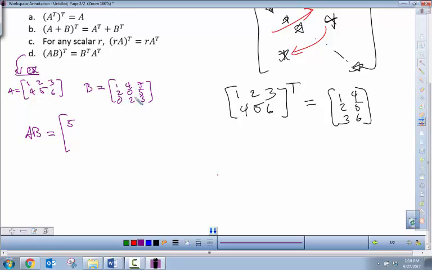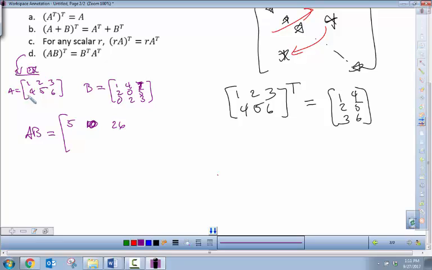So that's 4 and 6. That's 10. And this is a 7. This is a 10. 7, 10, 9. 26. All right? So that's the first row.